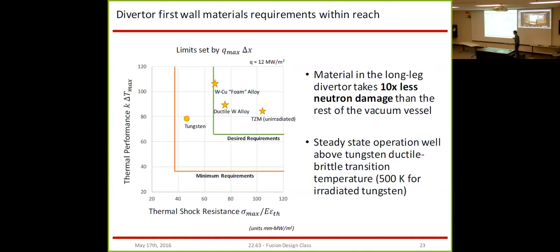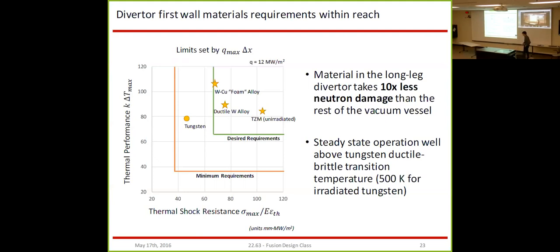Additionally, another unique feature of the ARC design is that because it operates at 800 Kelvin steady state, we operate well above the ductile to brittle transition temperature of irradiated tungsten, which sits around 500 Kelvin.